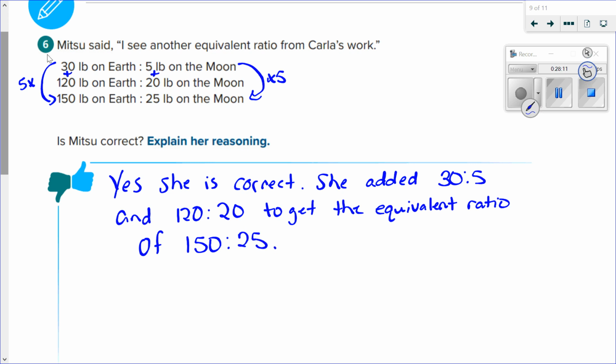Any questions? But does the multiplicative reasoning that we said times 5 on both sides, does that work? It also works.